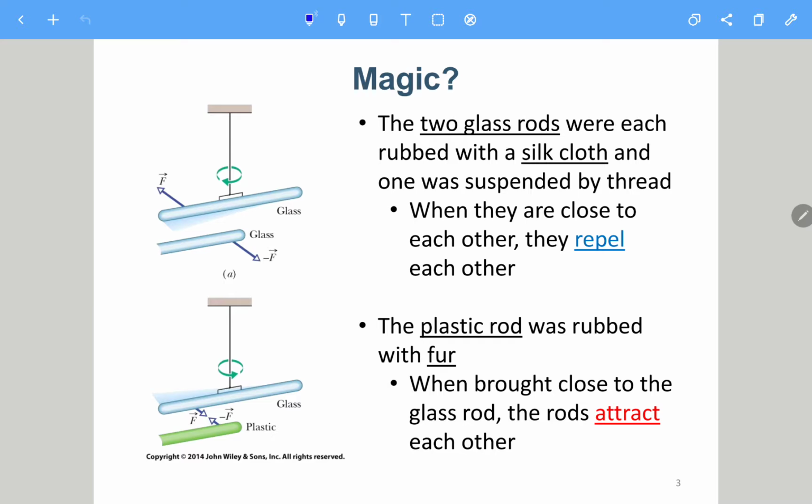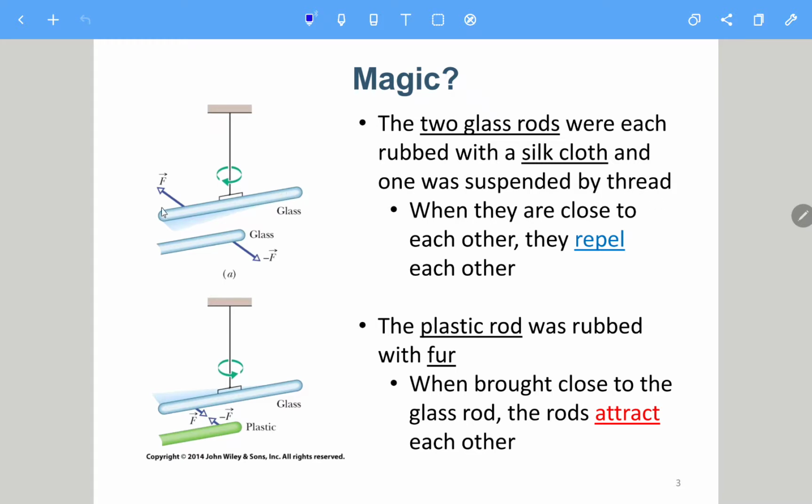Okay, so first we talk about this one. So whether it is a magic. So here is a simple experiment. We have 2 glass rods, each rubbed with a silk cloth, and one was suspended by thread.